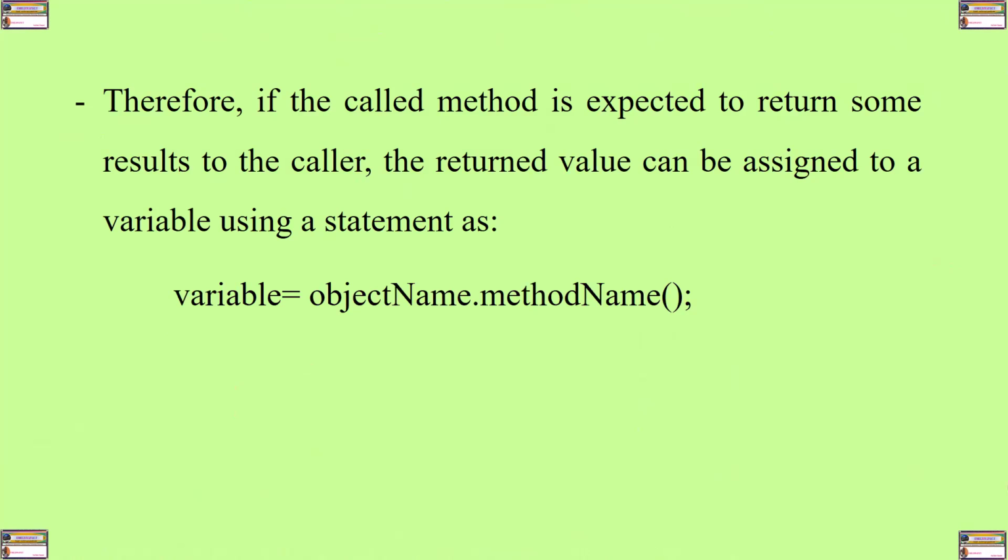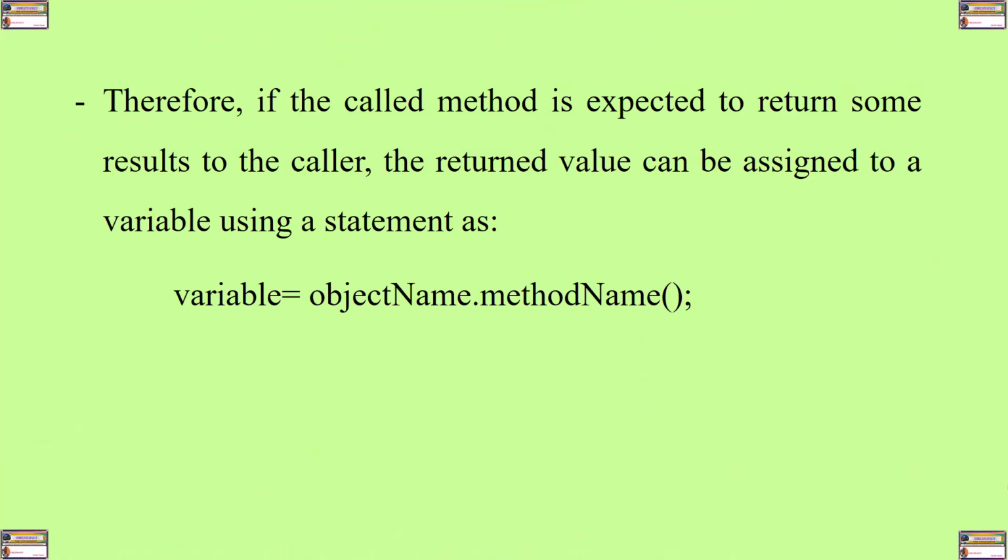So I repeat, if a method is supposed to produce a certain value, for example, if it's performing a computation and it's returning a sum, then that sum is supposed to be used somewhere else by another method.